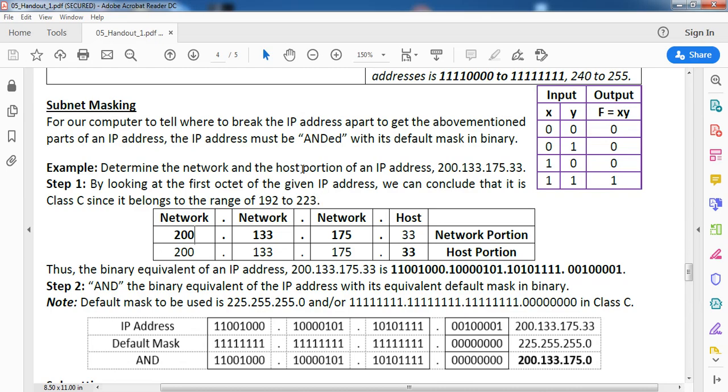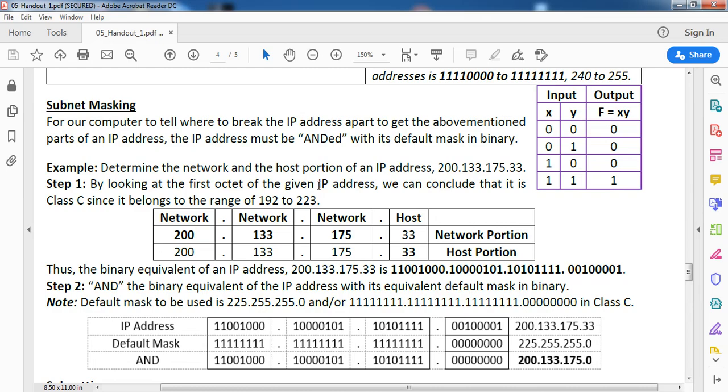So we already know which part is the network address or the network ID and which part is the host ID. The first three octets are the network ID and the last octet would be the host ID. Now, what we want to do is to be able to separate our network ID from the host ID.